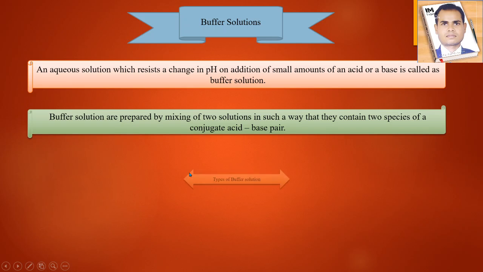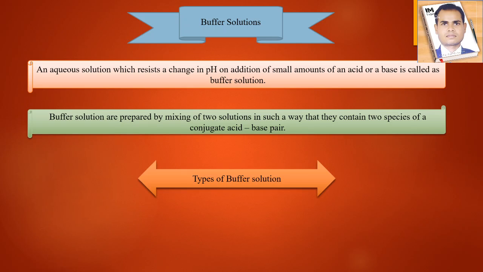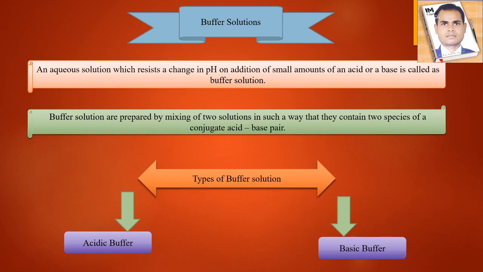Buffer solutions are generally of two types. The first one is the acidic buffer and the second one is the basic buffer. The acidic buffer pH will be less than 7 and the basic buffer pH will be greater than 7. Now we have to see the details of both of them.